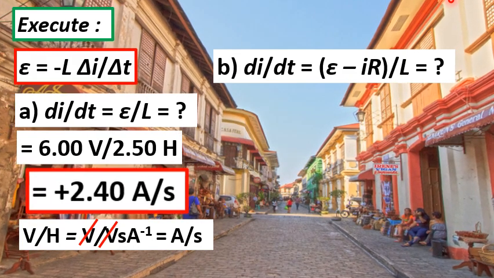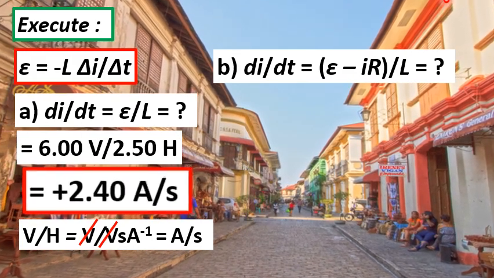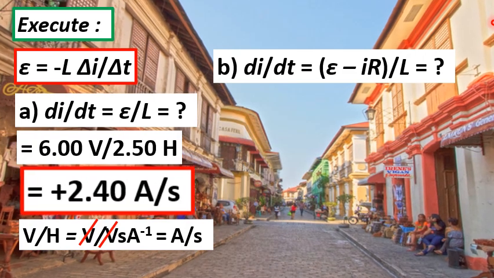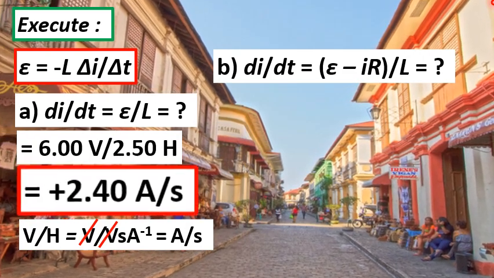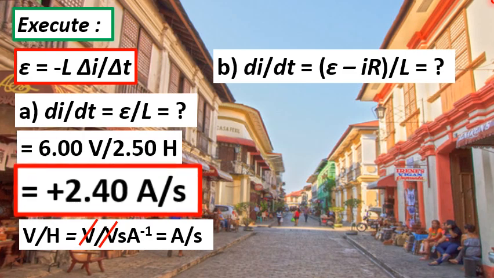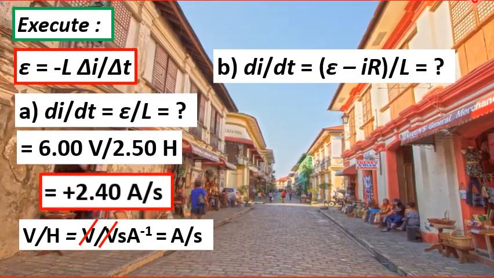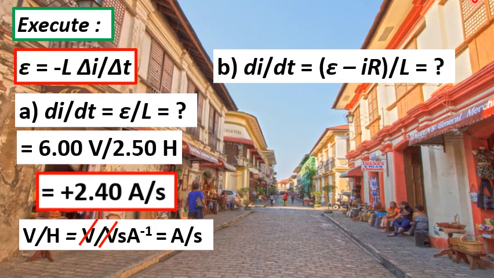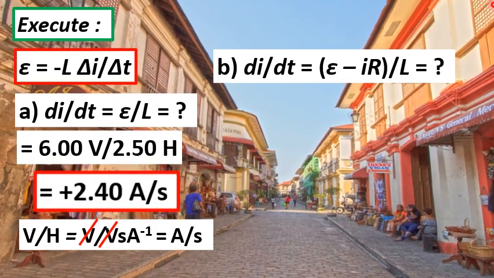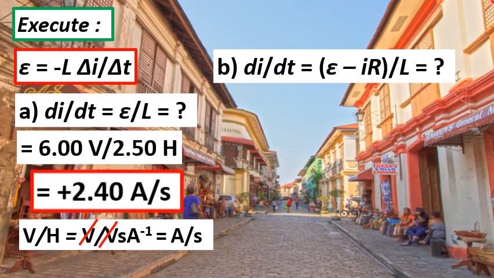So this is the formula that we will use. di over dt is just equal to quantity epsilon minus the product small letter I times big R, and that will be divided by the inductance, capital L.